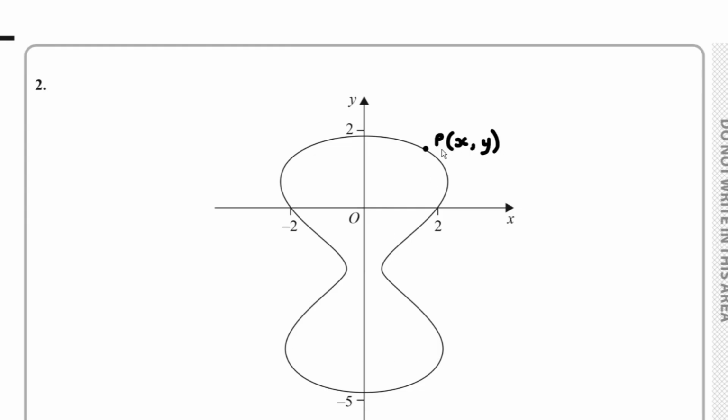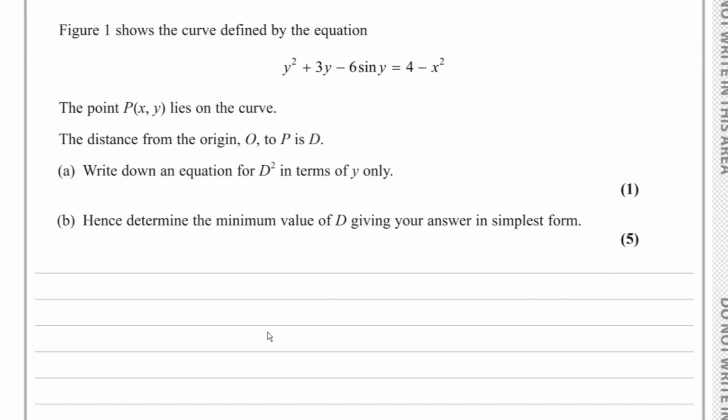Here we've got some point P which lies on this curve. The distance from O to P is d. From this we can form a right-angled triangle. We have a horizontal distance of x and a vertical distance of y. Using Pythagoras, d squared will equal x squared plus y squared.